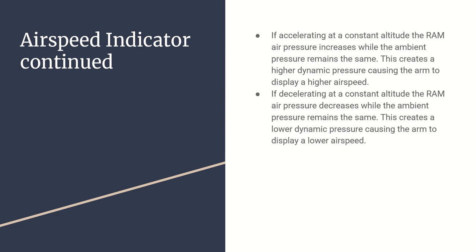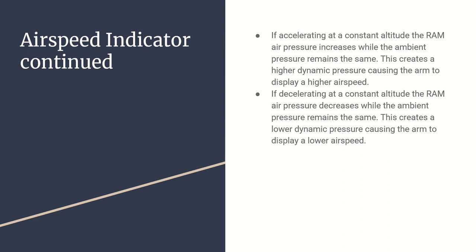But if we are maintaining a constant altitude, right, that adjustment the static port is picking up in terms of ambient air pressure is not going to change, right? So if we put ourselves at 3,000, to go with the example that we've talked about this entire time, if we decrease our power at 3,000, we know that our ram air pressure is going to decrease.